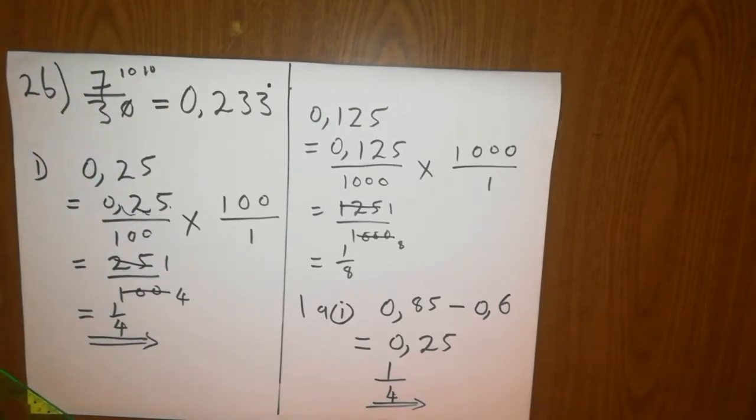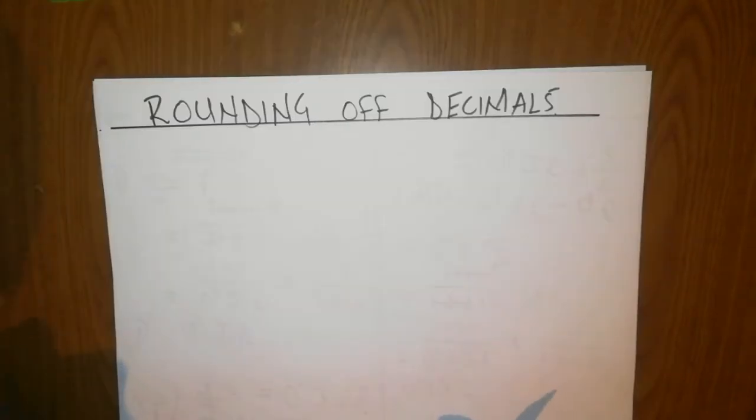So I'll take you to the second approach. Okay guys, so as for now, we are now rounding off decimals. But before we round off decimals, there are some concepts that you are supposed to understand based on decimals and significant figures.